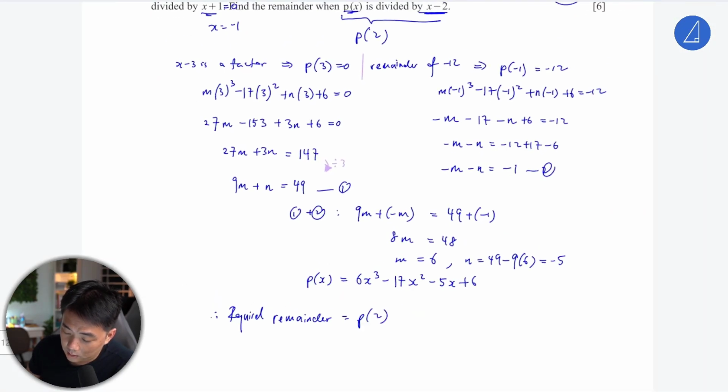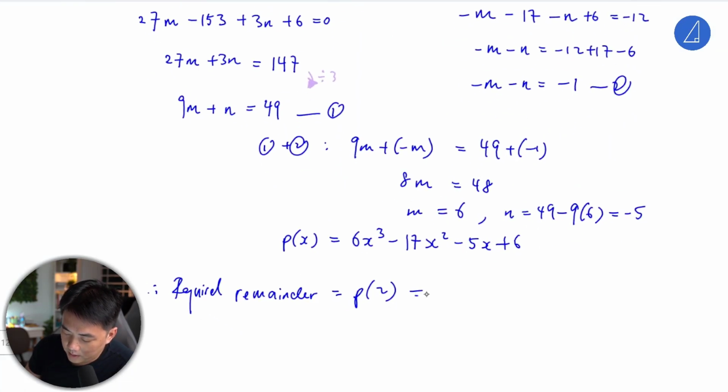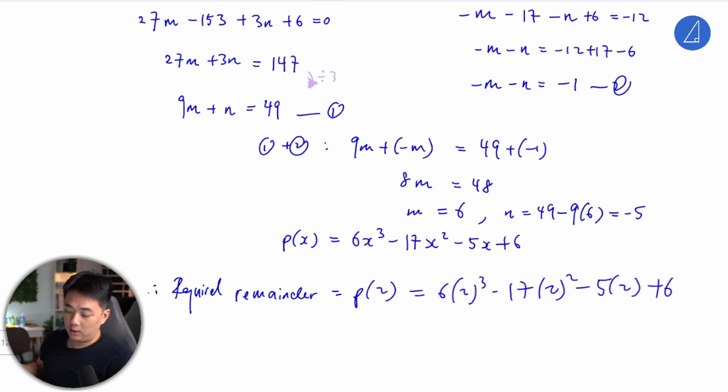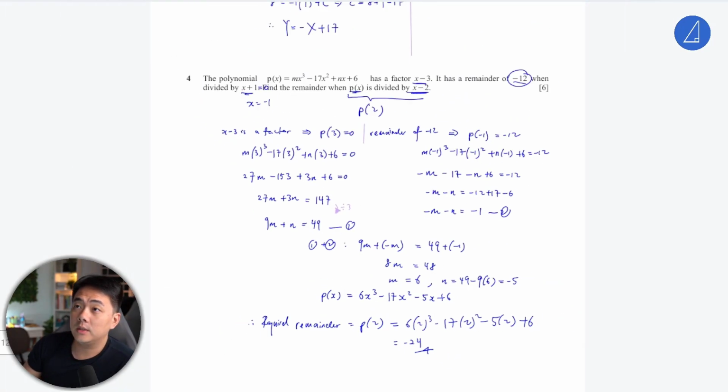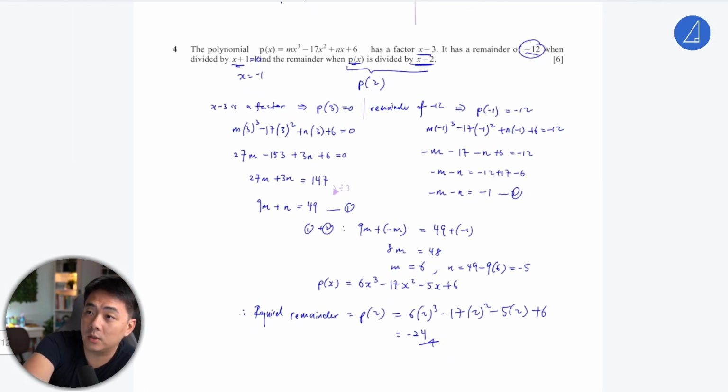Replace it: 6 times 2 cubed minus 17 times 2 squared minus 5 times 2 plus 6, by the remainder theorem. 6 multiplied by 8 minus 17 times 4 minus 5 times 2, which is 10, plus 6, gives negative 24.